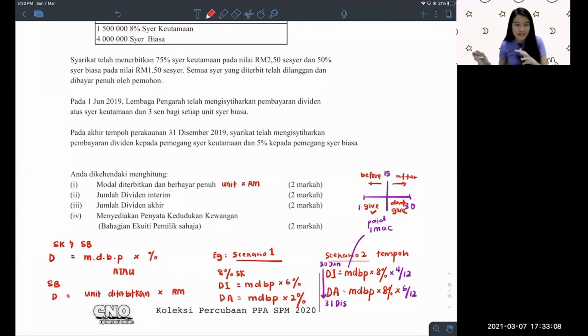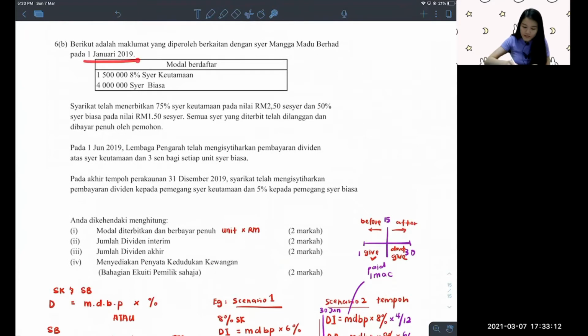Okay, yeah? All right, so let's see this question. Which scenario are they asking me to do? Here it's given 1st January 2019 as the date where we have modal berdaftar. Even though in your new syllabus they don't use modal berdaftar anymore, this is the old syllabus where we learn modal berdaftar is boleh dijual, the amount that we can sell. But have we sold it yet? No. The keyword is diterbitkan. It is MDBP, modal diterbit dan berbayar penuh.